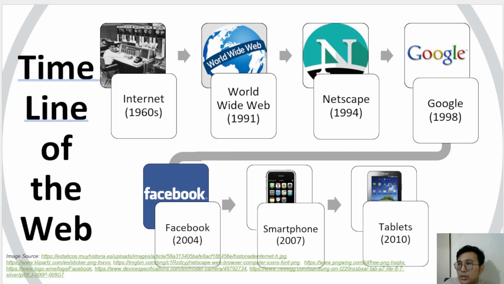Also the kickstarter of it was the Apple phone back in 2007, and we started to get into the era of smart devices, for example tablets in 2010. And this is the timeline until what we know now.